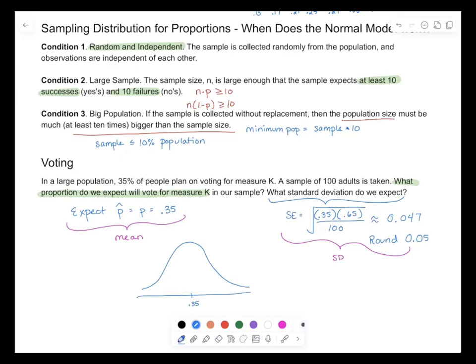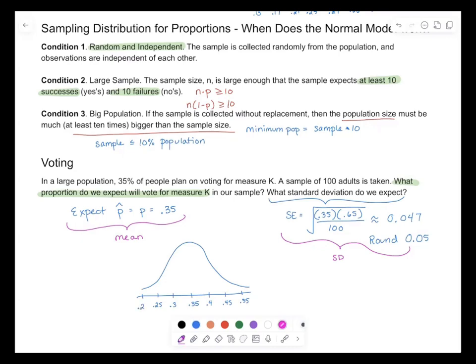And the standard error says, hey, if I go out 1, 2, 3 standard errors on this side, minus 1, 2, 3 standard errors on this side, I'll basically capture everything that can happen. So adding that 0.05, I get 0.4, 0.45, and 0.5. Subtracting that 0.05, I get 0.3, 0.25, and 0.2.